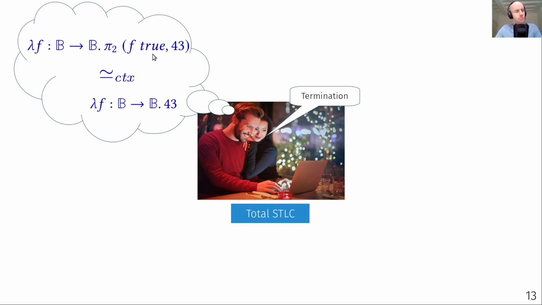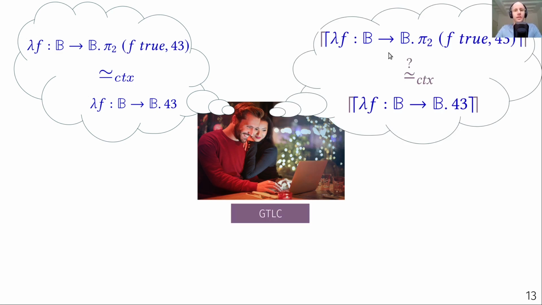In the first component, we have f applied with true, but f applied with true must always terminate. So indeed, this will always evaluate to 43 upon application, and so it's equivalent to this function, which will just unconditionally return 43. In the embedding, however, if you look at the gradually typed lambda calculus, the same equivalence does not hold anymore.